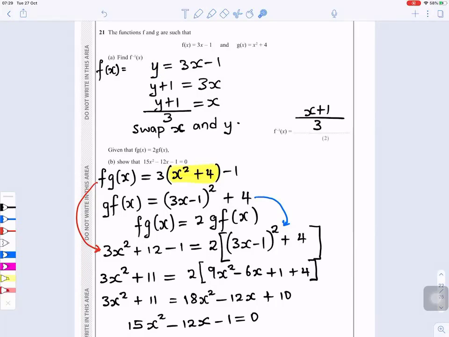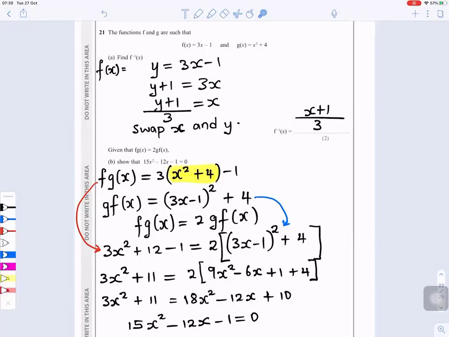Now what we want to do is make x the subject. When we make x the subject, we can swap x and y at the end. So to make x the subject, you add 1 to both sides. So y plus 1 equals 3x. The inverse of times 3 is divided by 3.